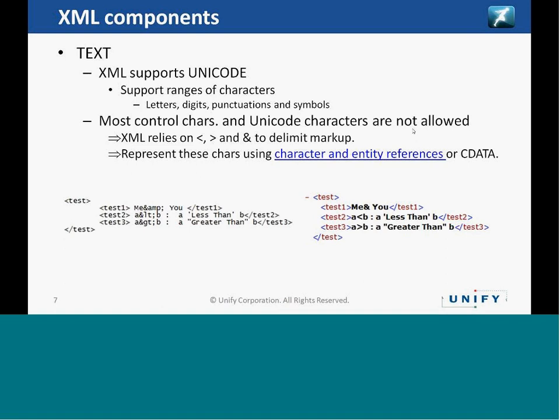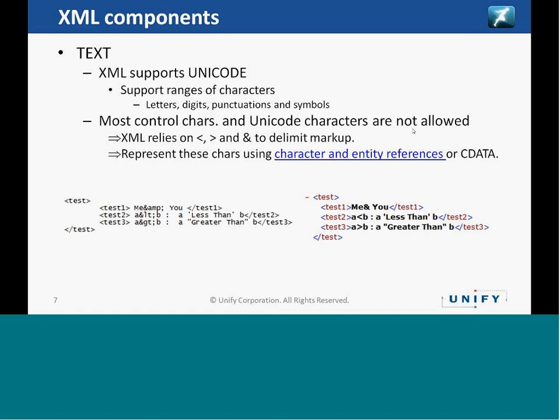Components: you have text, as I mentioned in the previous slide. XML supports Unicode, also because data exchange is very important with it, with all the standards that XML gives you. So it supports a range of characters, letters, digits, punctuation, and symbols. Most control and Unicode characters are not allowed, because XML relies on the angle brackets and the ampersand to delimit the markup.